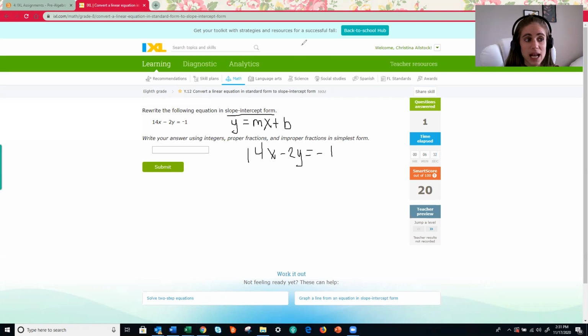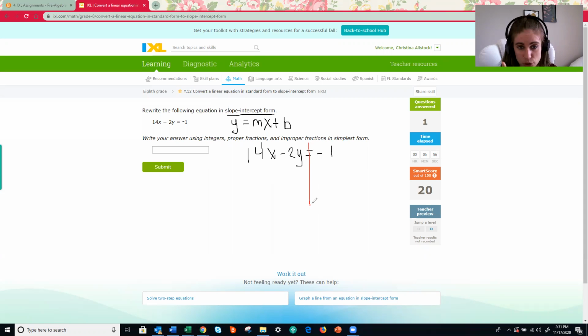All right, once again, I like to start with moving my x term over, because by moving the x term over, we can get it on the proper side, because currently it's on the left of the equal sign, and I want it to be on the right of the equal sign. So how do I move that entire term, the 14 and the x, over to the other side?